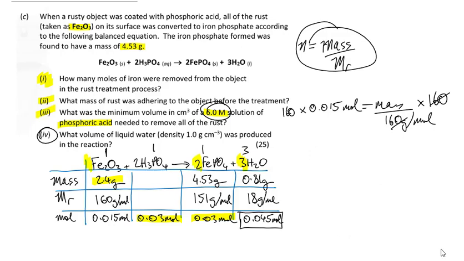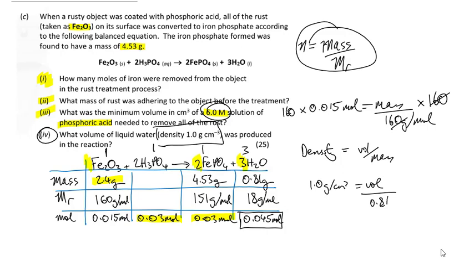And now we know the mass. I suppose we're looking at the density formula because we're given density. I know that density equals mass over volume. And we've got the mass and we've got the density. The density is 1.0 grams per centimeter cubed equals 0.81 grams over volume.